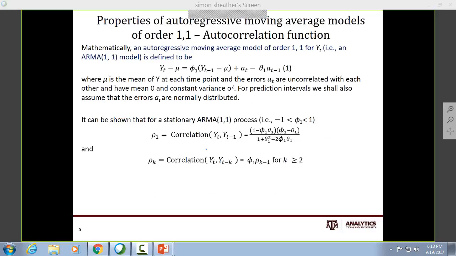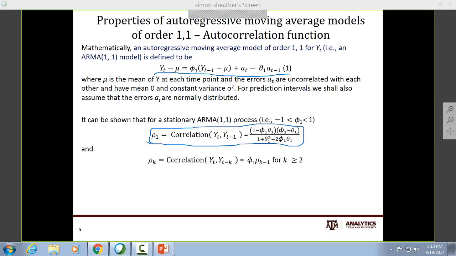Okay. So again, I've written the top part down as our definition of ARMA 1,1. Now, it turns out it's a bunch of messy algebra that the autocorrelation function is given by this. It makes my brain hurt to look at it. 1 minus C1 theta 1 times C1 minus theta 1 over 1 plus theta squared minus 2 C1 theta 1. So that doesn't really help you.